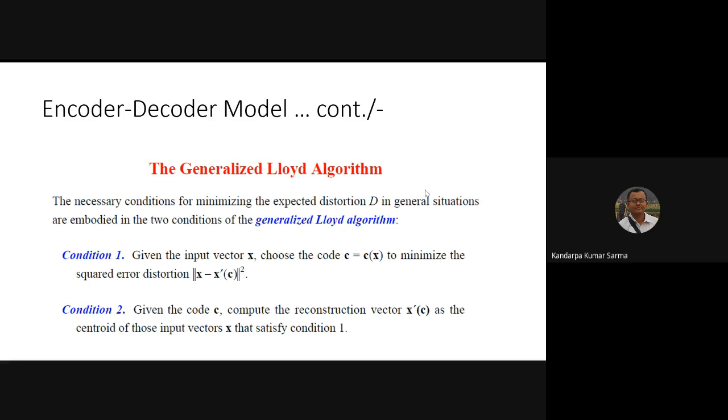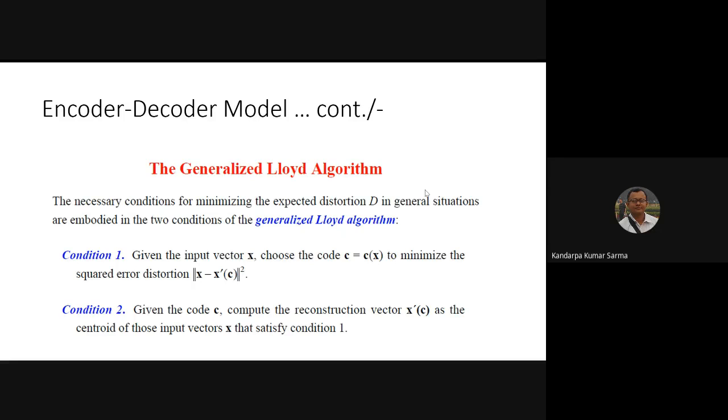Now there is a rule called the generalized Lloyd's algorithm, through which this encoder decoder model can be carried out. The necessary conditions for minimizing the expected distortion D in general situations are covered by two conditions.